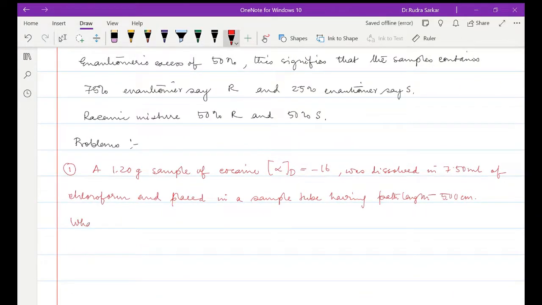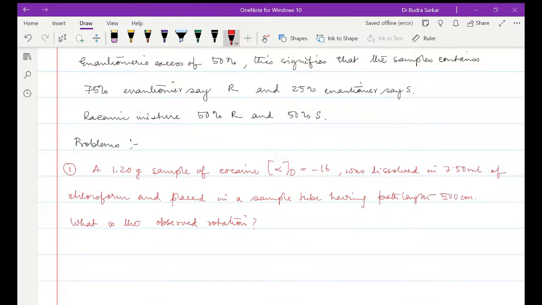What is the observed rotation? We got to find that out.